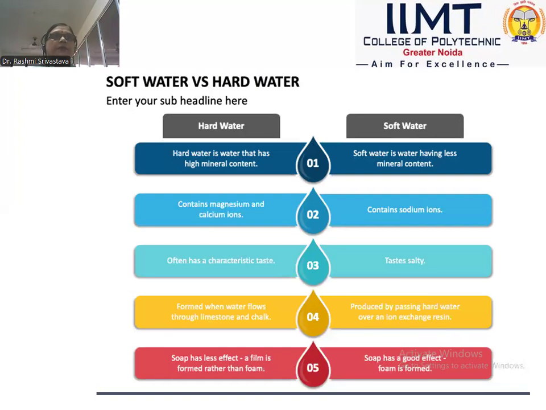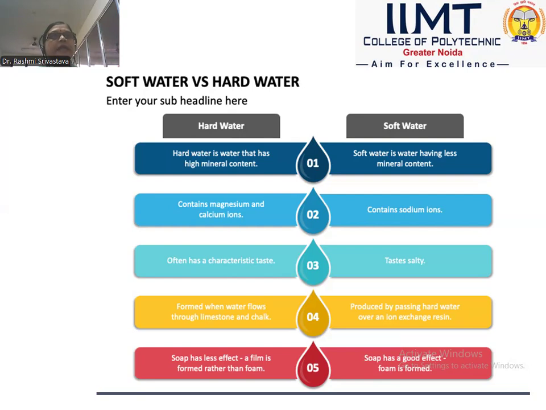If we compare soft water and hard water, as I earlier told you about the hard water, now how will you compare the soft water and hard water? Hard water is basically due to the high mineral content.